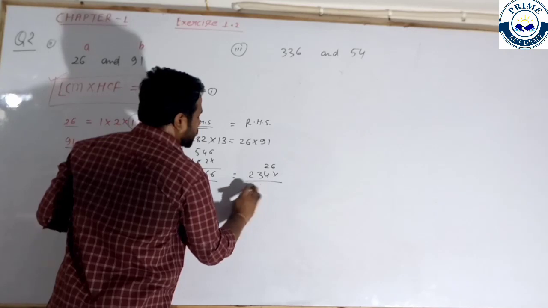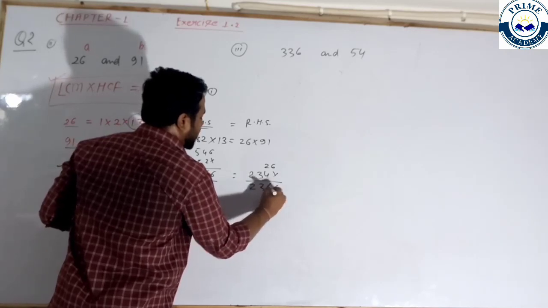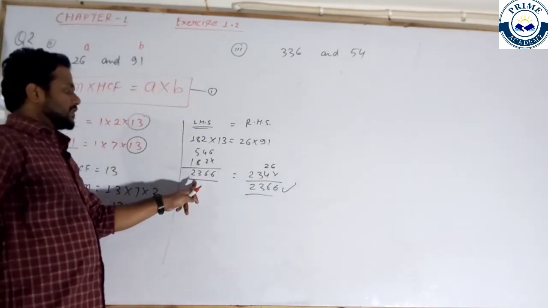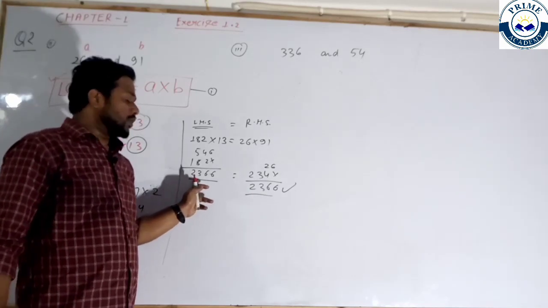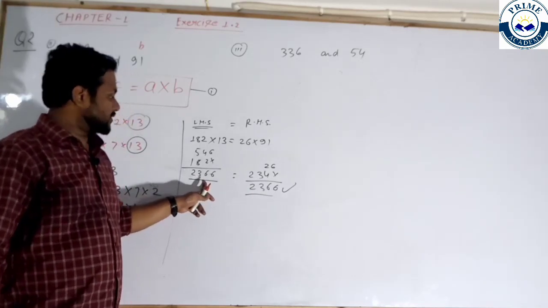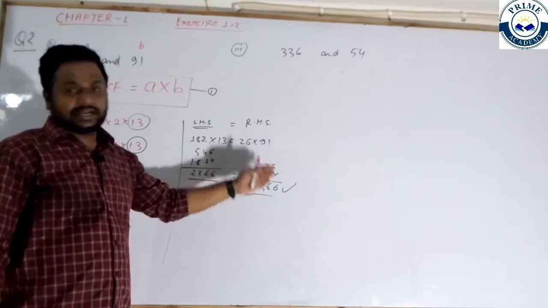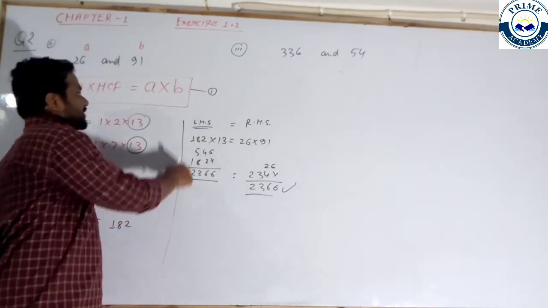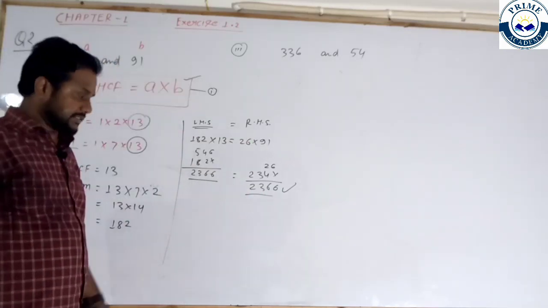So again what do you get? You get the same number in both of these, right? 2366 in left hand side and right hand side. Hence it satisfies in both the cases.